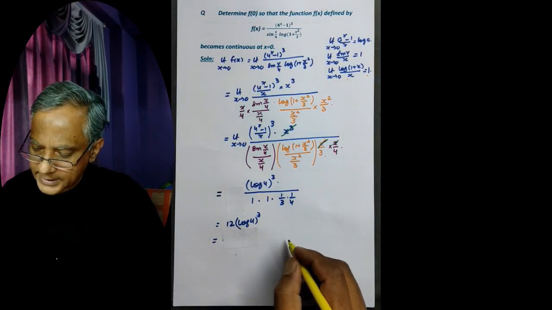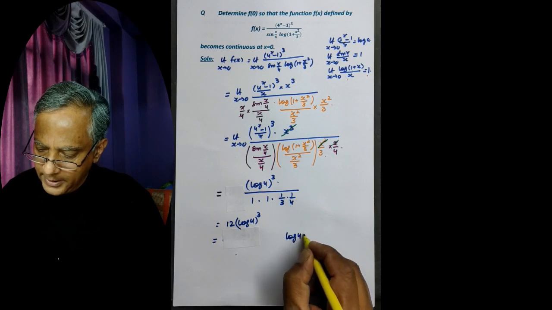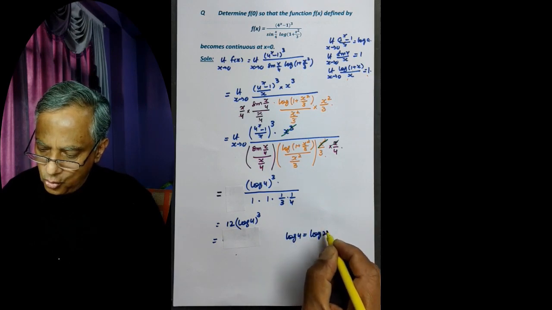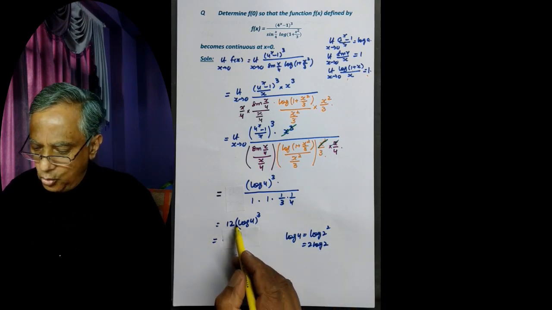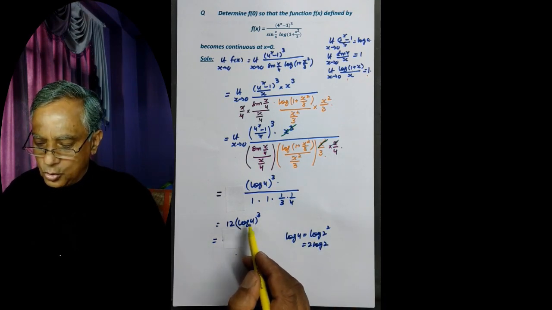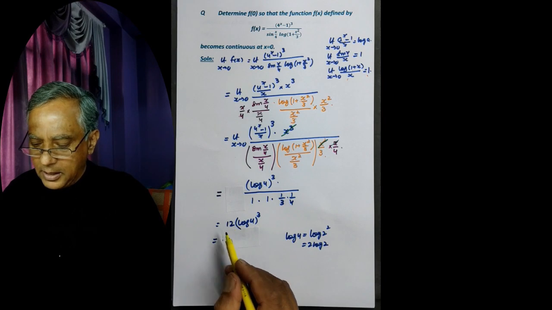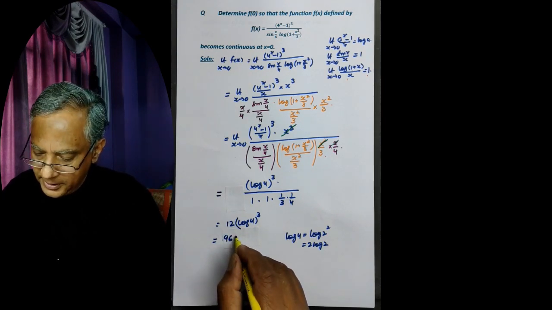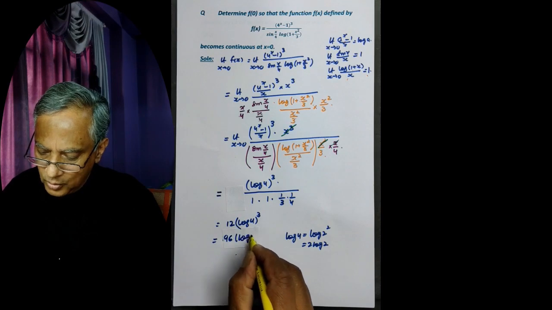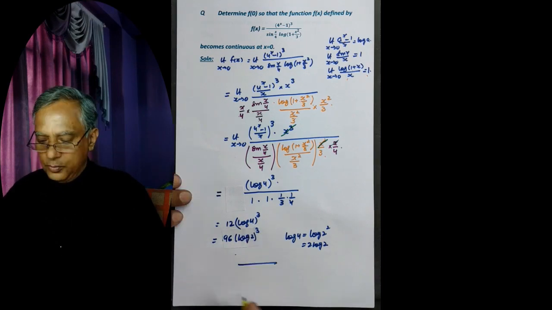Now log 4 can be written as log 2 square. This is 2 log 2. So this will be 2 log 2 whole cube. So 2 cube will come out, that is 8 will come out. 12 8s are 96. 96 log 2 whole cube.